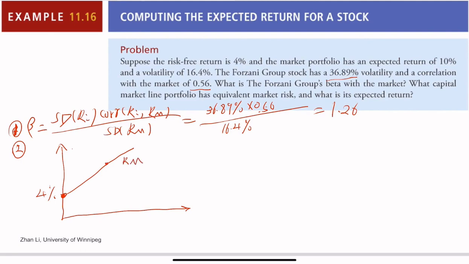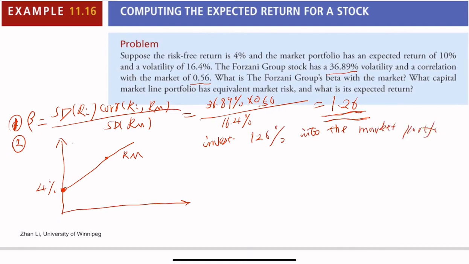Now, if you look at the beta here, the beta is 1.26. This basically tells you that to get to this level of beta, you have to invest 122% into the market portfolio.